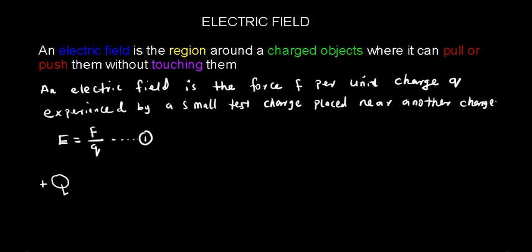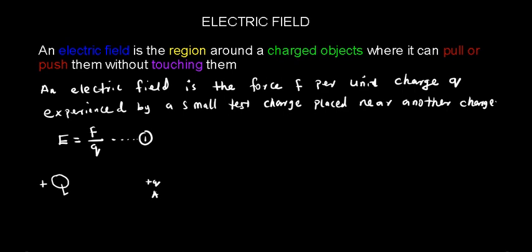And we want to calculate the electric field at some point. Let's say that point here, point A. And at this point A, we place a positive test charge, that is small q.